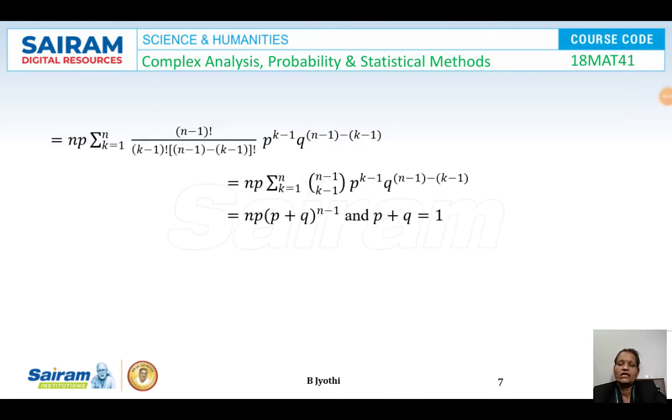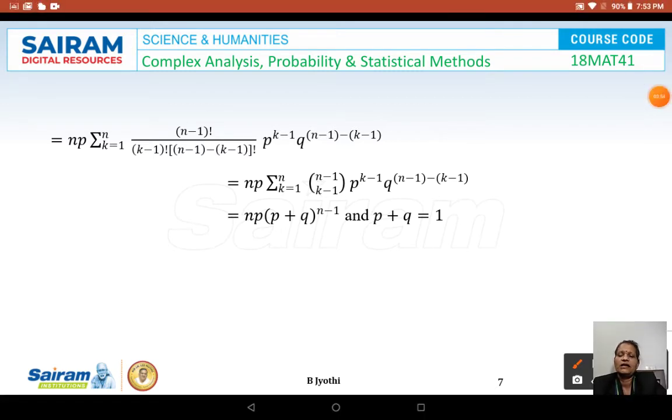So we can take the np outside from the previous step, and what remains inside the summation is n minus 1 factorial by k minus 1 factorial into n minus 1 minus of k minus 1 factorial into p power k minus 1 into q power n minus 1 minus of k minus 1.